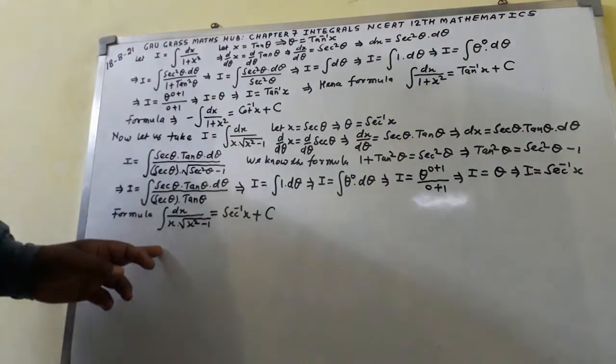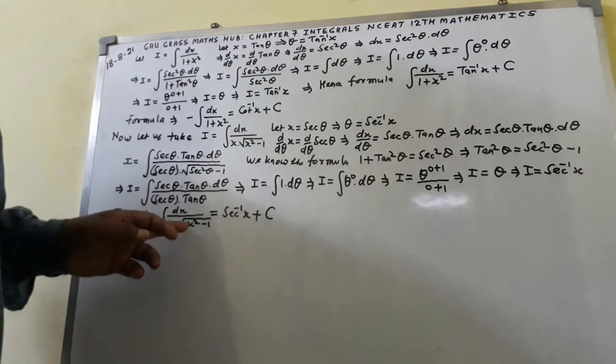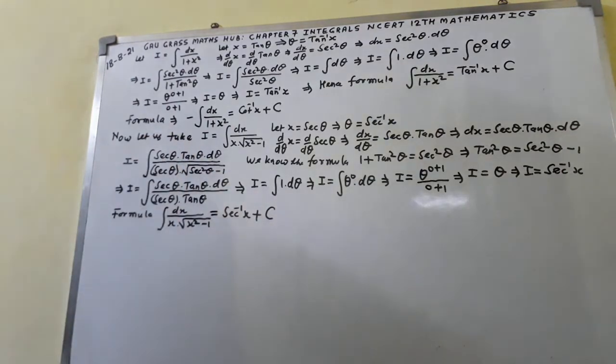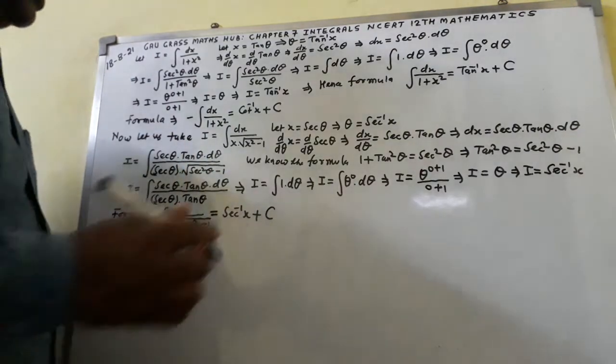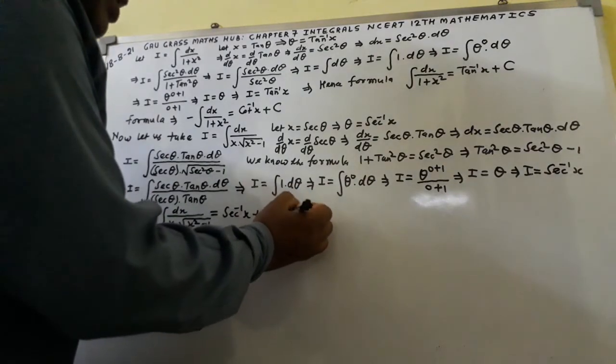Integral dx over x dot under root x square minus 1 equal to sec inverse x plus c. We shall get. Now next formula I shall write, proving of which is not required here.